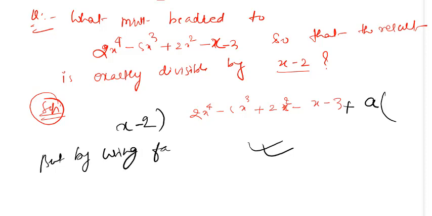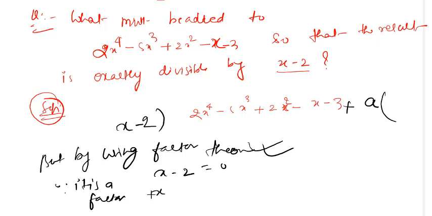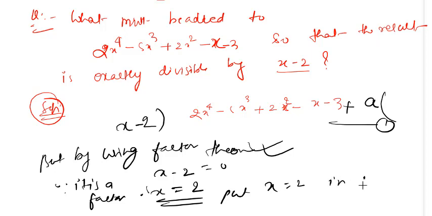but by using the factor theorem. Since x minus 2 is a factor, therefore x minus 2 equal to 0, x equal to 2. Take this as equation 1 and put x equal to 2 in it.